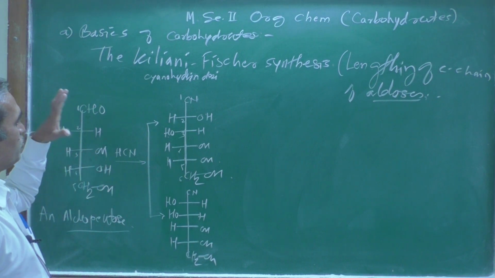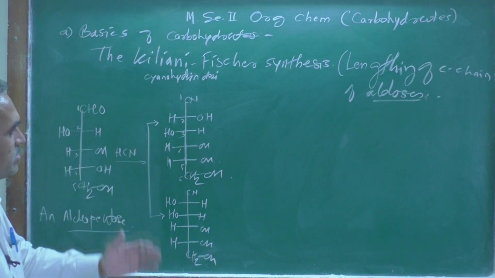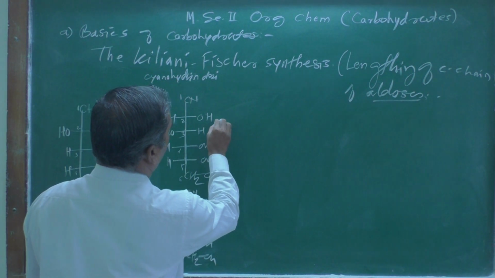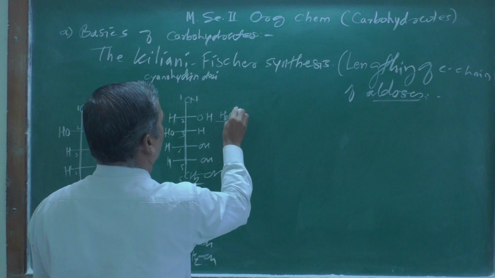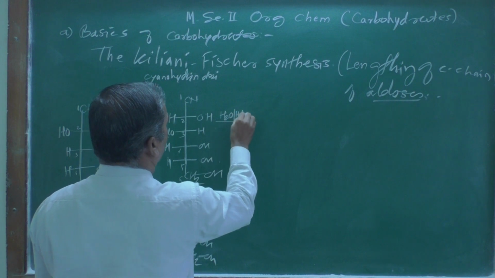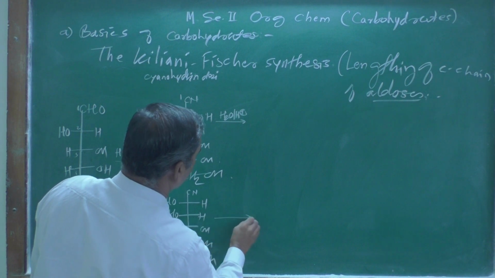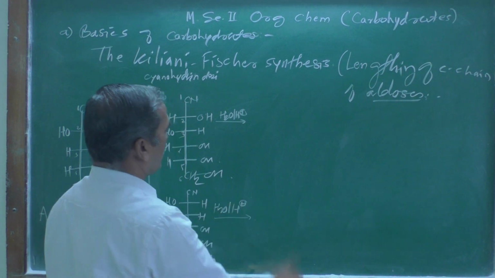What we did, we just treated with hydrogen cyanide and we got the cyanohydrin derivatives. Now this one is further treated, I am hydrolyzing this in presence of H2O, in presence of H plus, right? Same thing I am doing over here, H2O in presence of H plus, hydrolysis.